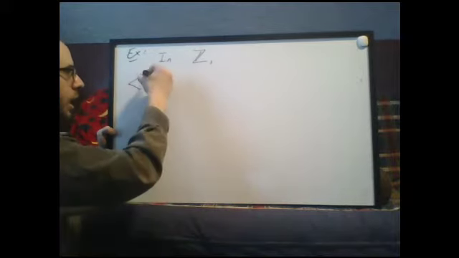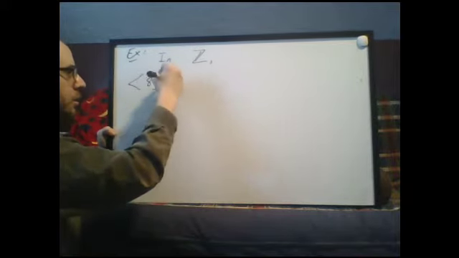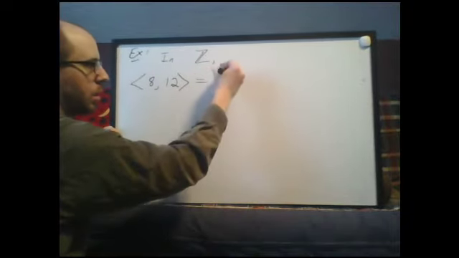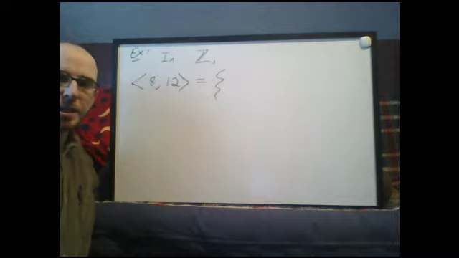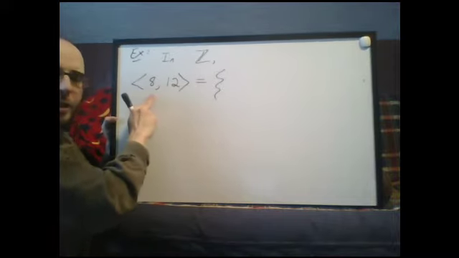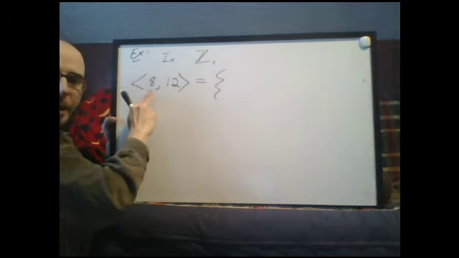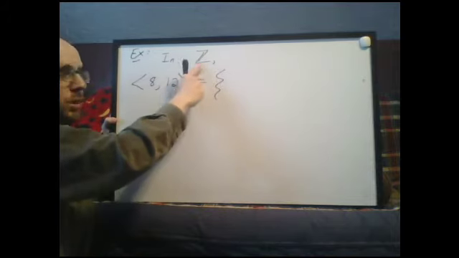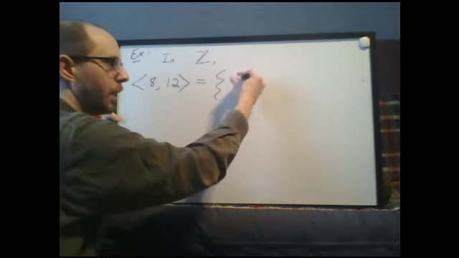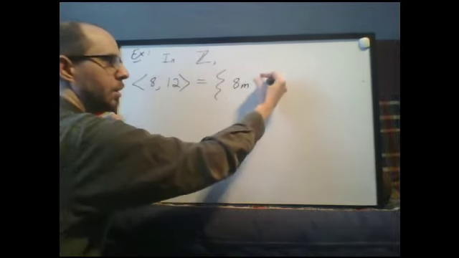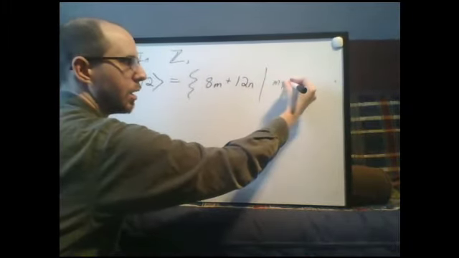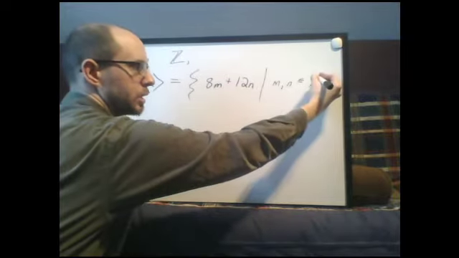So let's say 8 and 12. Okay, so by the definition of this construction, this is the set of everything that I can write as a combination of 8 and 12 using coefficients from Z. So it'd be everything in the form 8m plus 12n, where m and n come from the total ring Z.